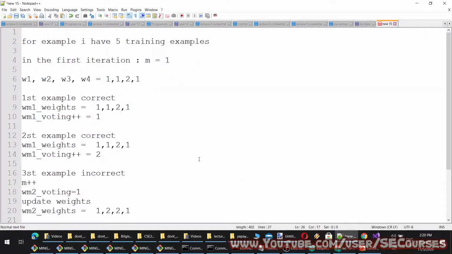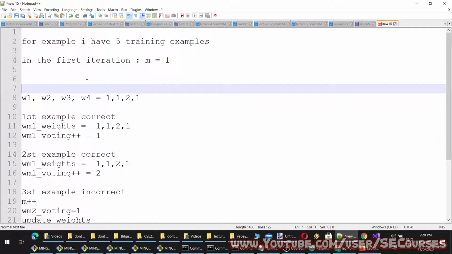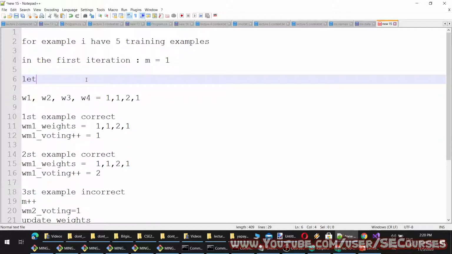What I mean is, let's say if our feature value is 1, 2, 3, 4. Okay.